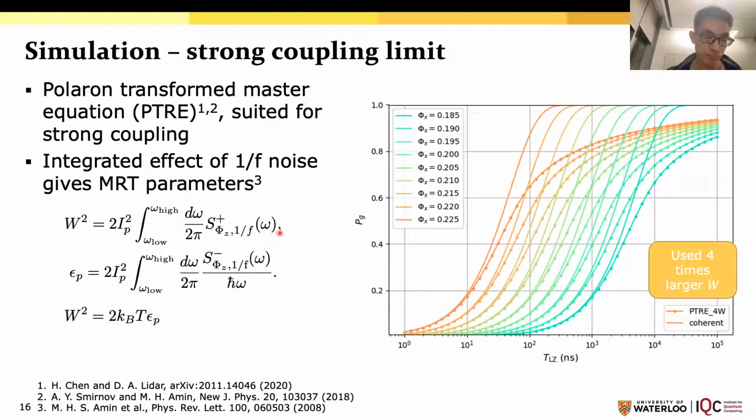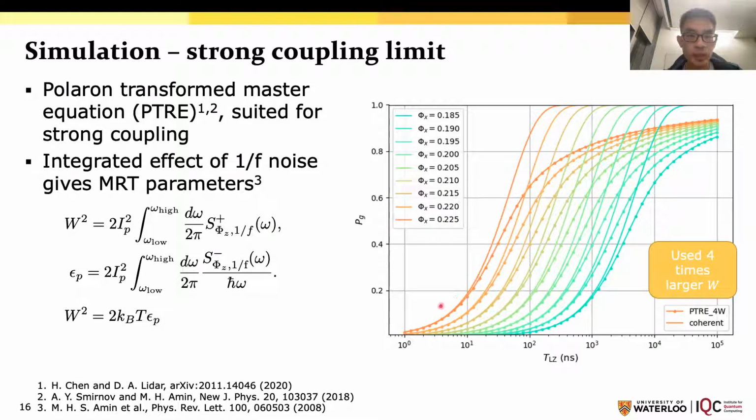And again, because our T1, T2 measurements are only sensitive to the symmetrized noise PSD, the anti-symmetrized part, which gives epsilon p, is determined based on this thermodynamic relation here.